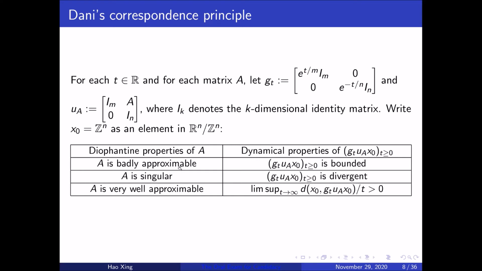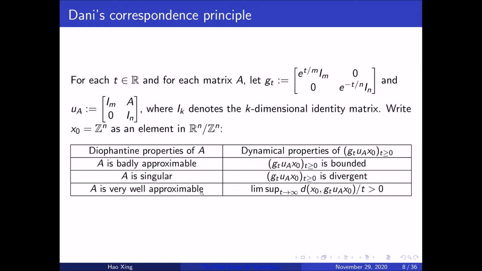If A is badly approximable, then the orbit of x naught under the action of g_t u_A is bounded. A being singular corresponds to this orbit being divergent.